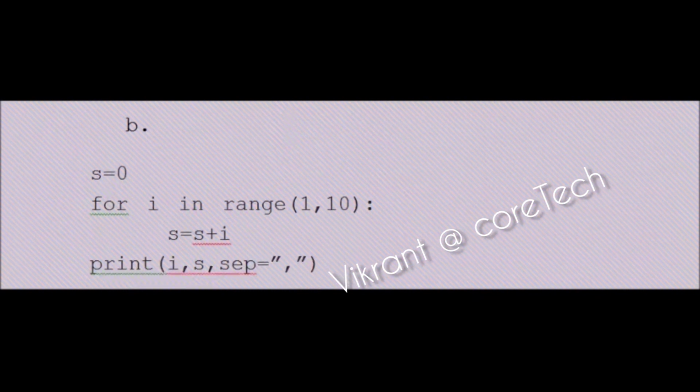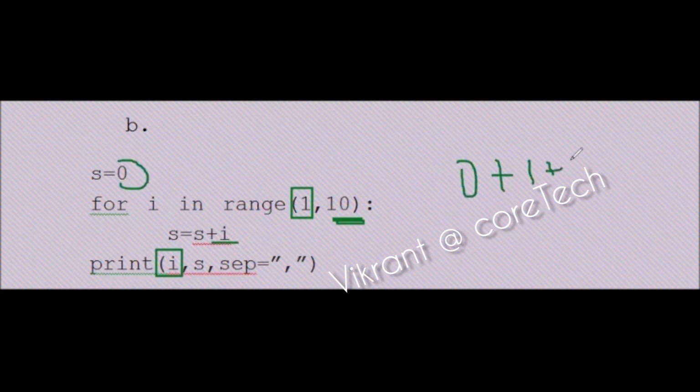A same sort of sequence, but now we are making use of a separator. A separator which states that we are going to print the value of I. The value of I will start from 1 and will go till 9. So this should print 9. The value of S should be the sum of all numbers, adding with 0, 1 plus 2 and so on till 9.